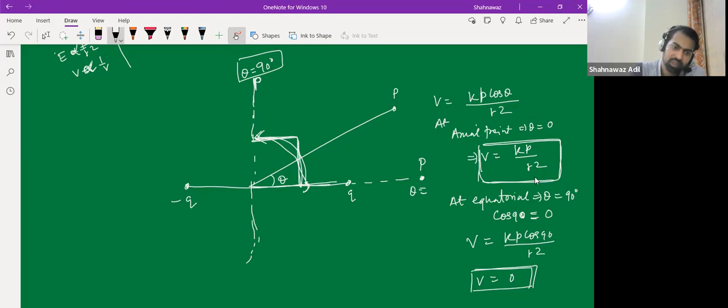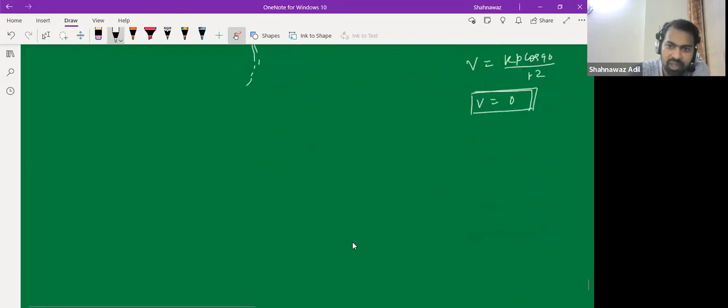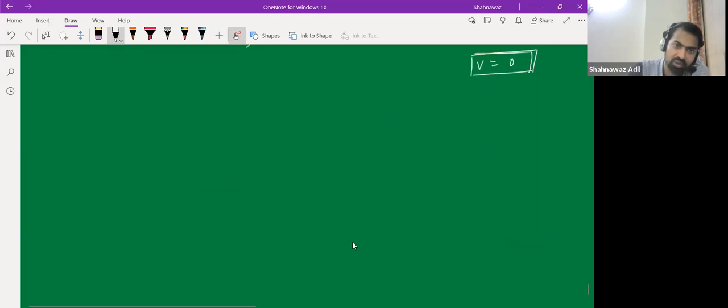Okay, so we have only 3 minutes, but we have this question, so I will do this problem in the next class. The question is: we have two dipoles.